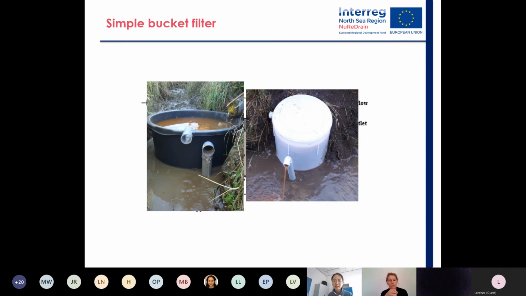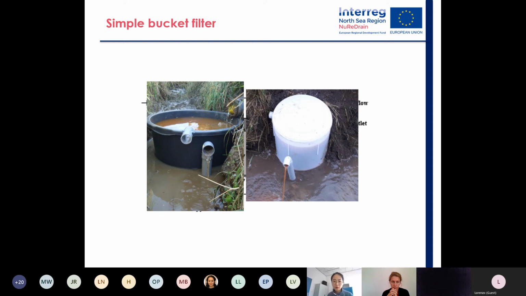Here is a design idea for the bucket filter. Water enters the filter and reacts with the filter materials, afterwards goes out. A few important features: there is a mesh netting at the bottom to stop the big particles, and an upward oriented outlet lets the sediment, possibly particulate P, stay at the bottom.